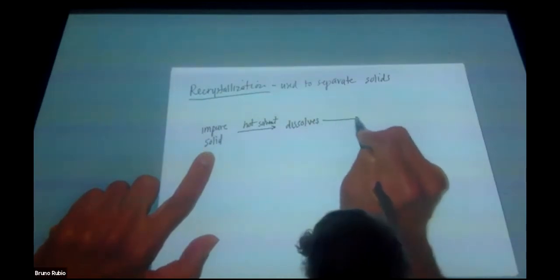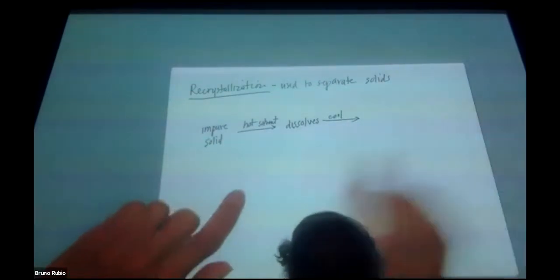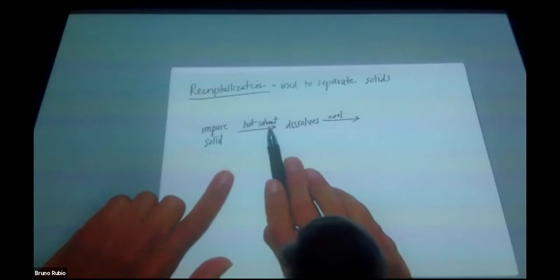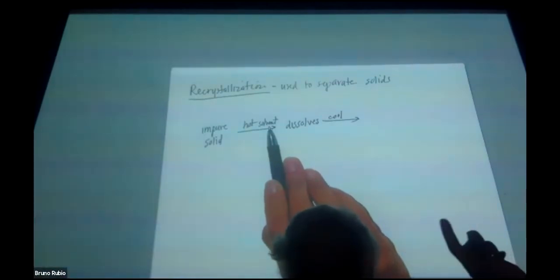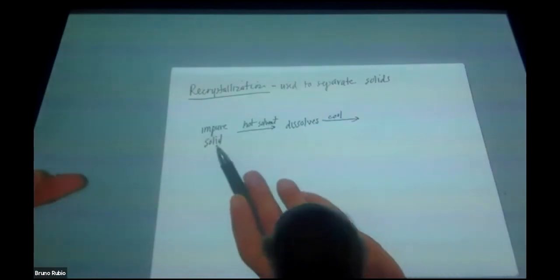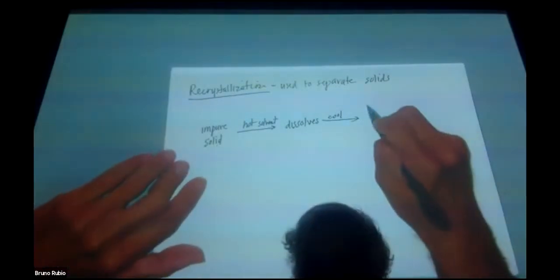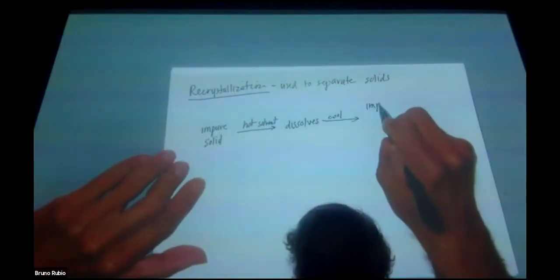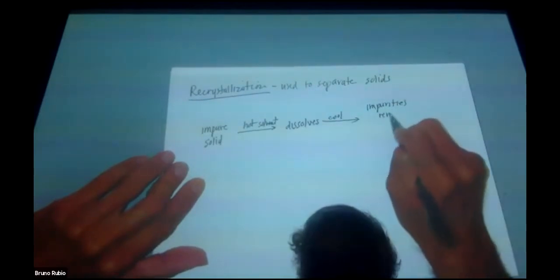And now you want to cool it down. But ideally, with the solvent that was chosen here, the impurities are more soluble in the solvent at room temperature than the material you're trying to purify is. So the impurities remain in solution.